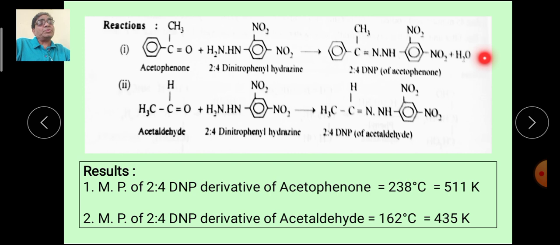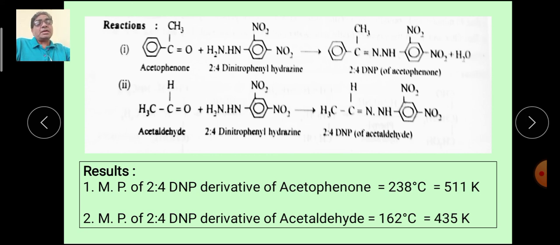A water molecule is removed. With acetaldehyde, CH3CHO, the reagent is again 2,4-dinitrophenylhydrazine, and the hydrazone is obtained. This is the 2,4-dinitrophenylhydrazone of acetaldehyde. What are the results?